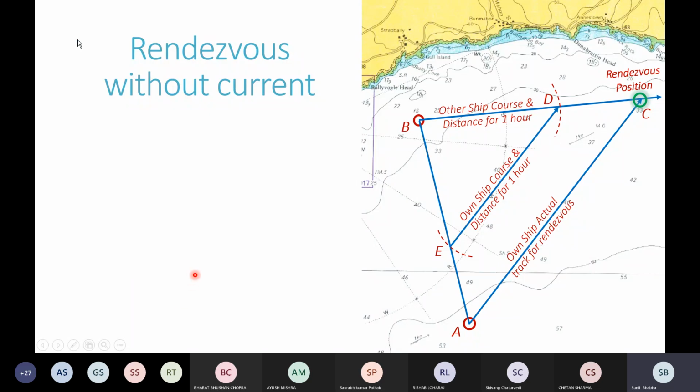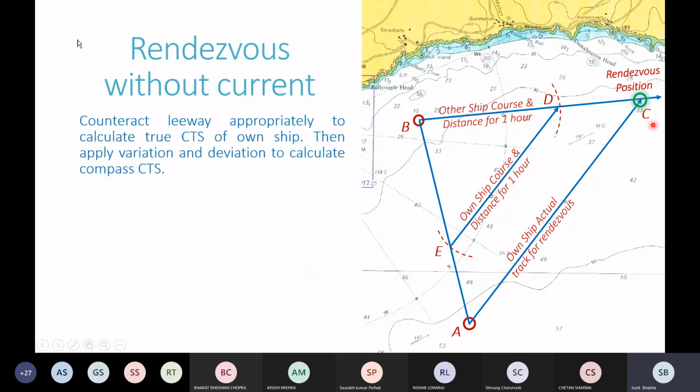We have found our rendezvous position. Now, other things which we need to find out are the course to steer and the time to rendezvous. Now, we can read out this course from the chart.